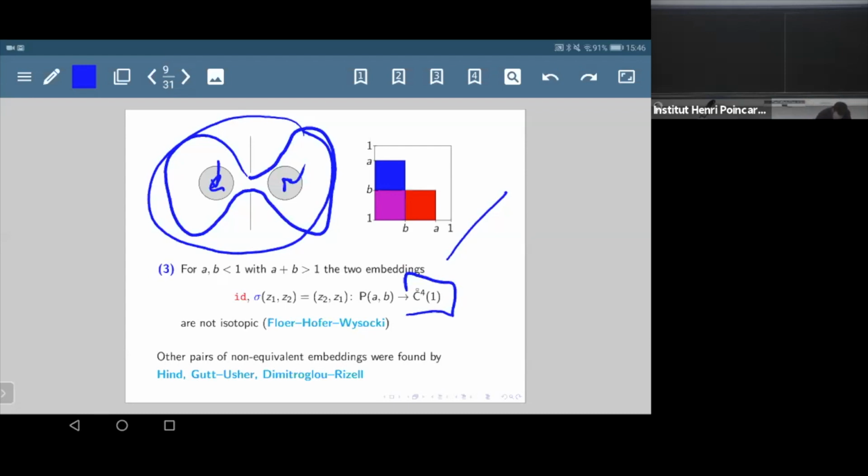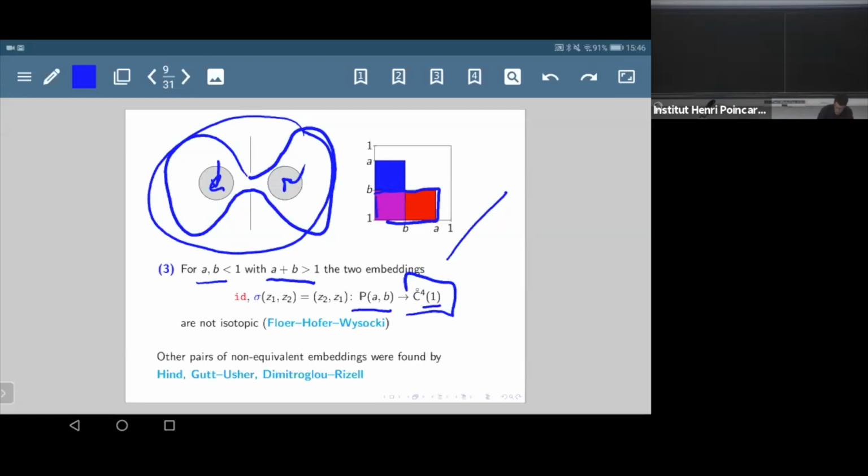Okay, so this problem, you take a polydisk and you are a bit careful about the sizes. You want that the sum of the sizes is more than the one of the target, but each of them is of course less, like this reddish part. You take this identity embedding and you also take the swap of the polydisk.